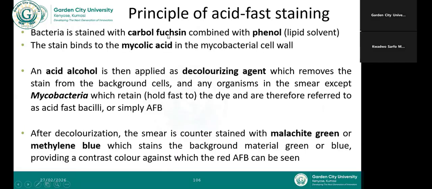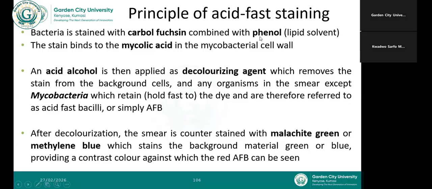So here, we use carbol fuchsin, which is a basic stain, combined with phenol. Phenol is a lipid solvent. Once you apply this carbol fuchsin with phenol, it makes the carbol fuchsin readily impart the color to the bacterial cells that have very high mycolic acid content.